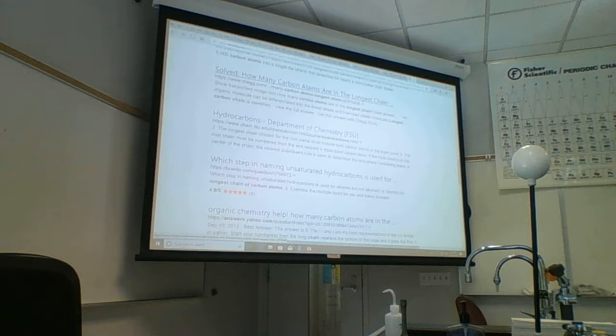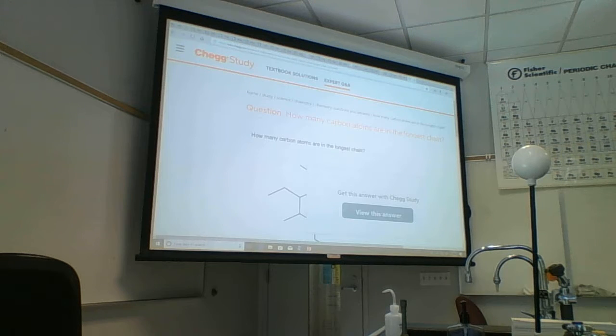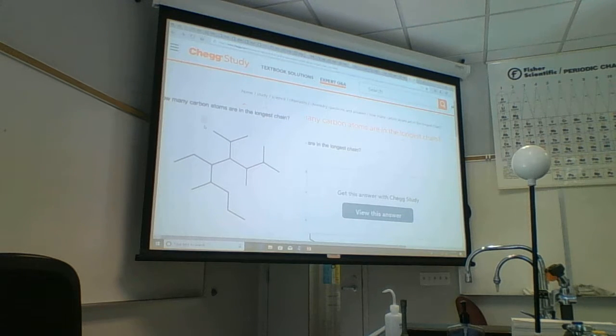Sometimes it's very tricky. This is why there are so many websites for finding the longest chain. I don't want us to do this one. So, how many carbon atoms do you see as the longest chain?